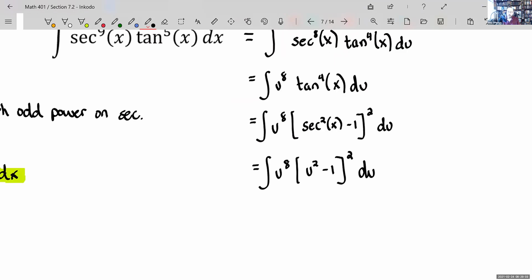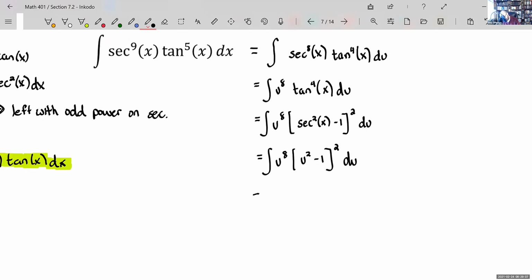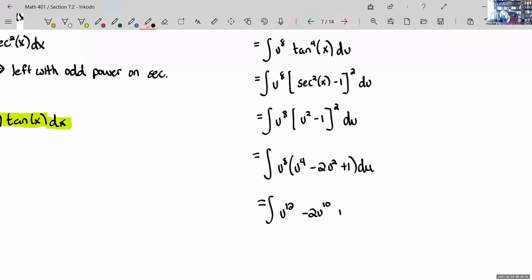And really, ultimately, you want to have polynomials. Polynomials are fast to integrate. So this type of substitution is really, really very powerful. And I'll distribute through: u to the 12th minus 2u to the 10th plus u to the 8th du.